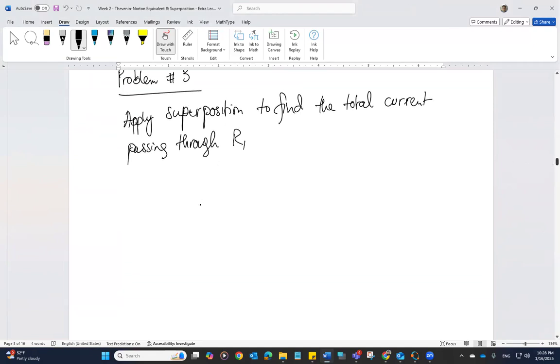So let's do a circuit. Let's say you have a dependent current source, and you have a resistor here, and then you have a resistor here. You have a resistor here.